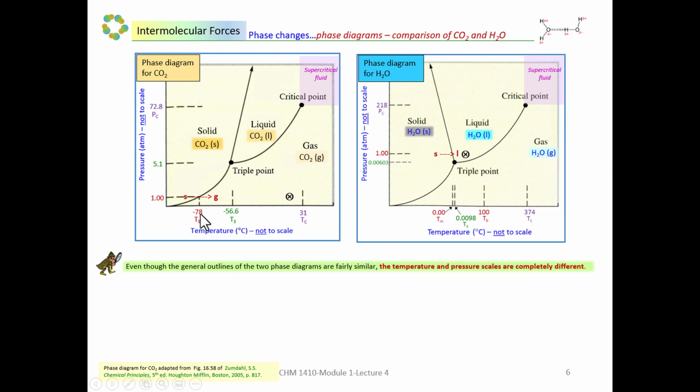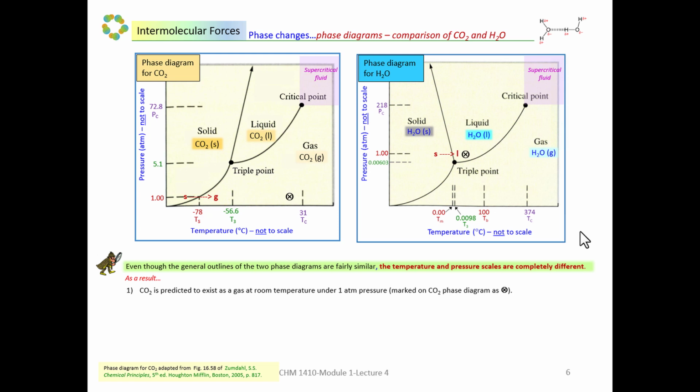The middle of this x-axis for CO2 is minus 78 to only 31. The pressure axes for water seem to go to much higher numbers than for carbon dioxide. So what does this mean? What does the difference in the temperature scales mean for us?